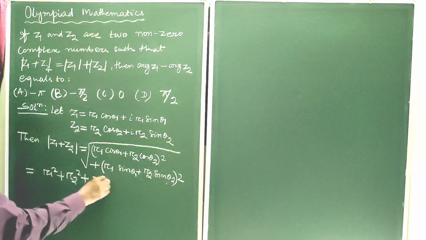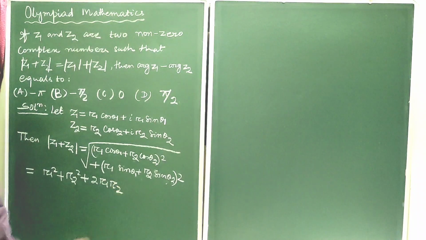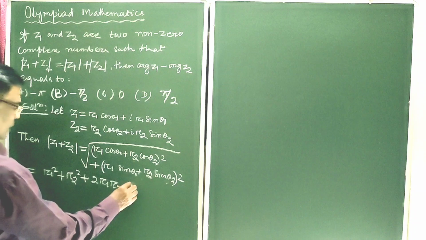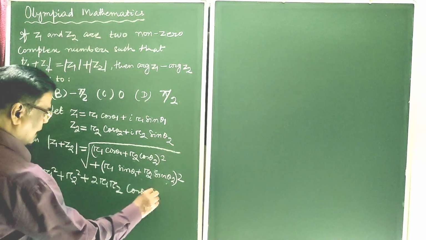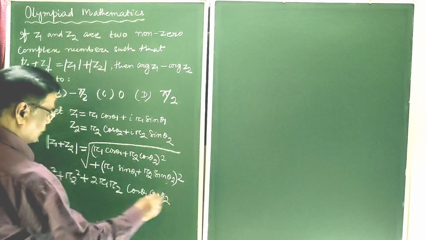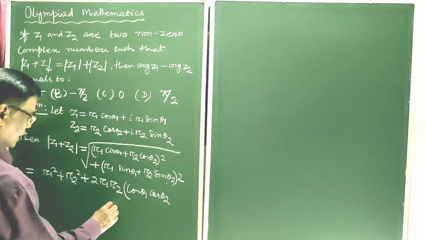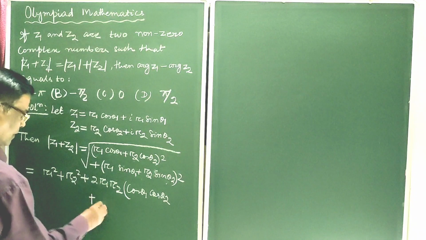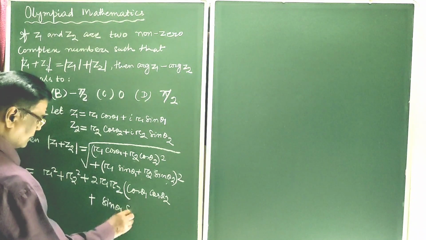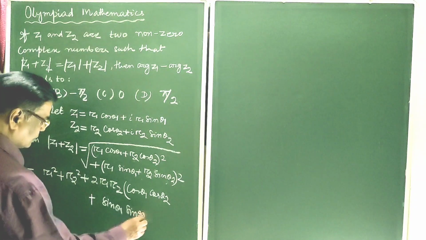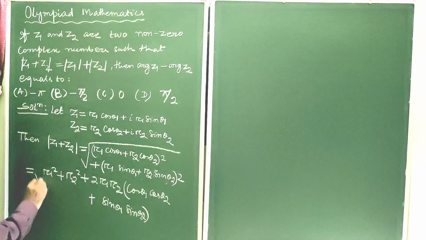Then 2 R1 R2 into cos theta 1 cos theta 2 plus sin theta 1 sin theta 2, whole root over.